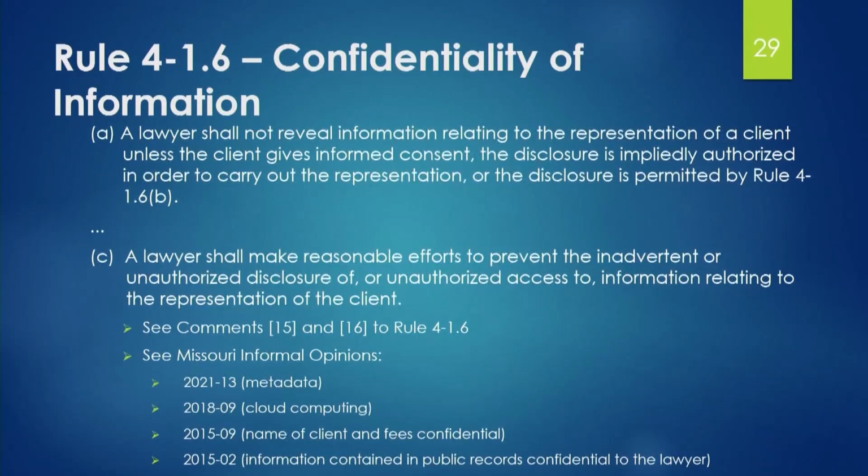I want you to pay particular attention to paragraph C of this rule. That provides that a lawyer shall make reasonable efforts to prevent the inadvertent or unauthorized disclosure of or unauthorized access to information relating to the representation of the client.